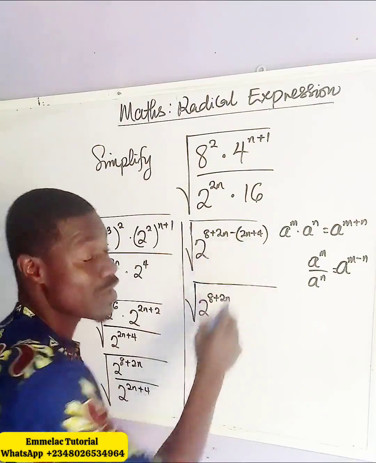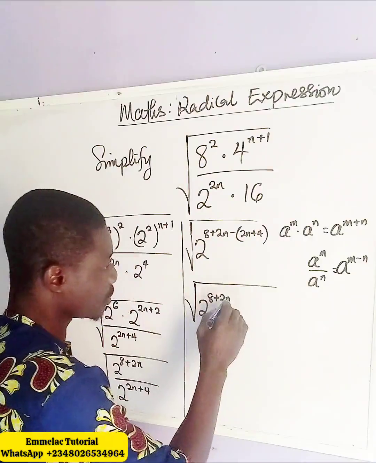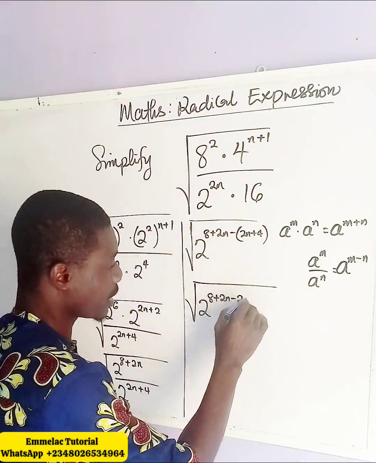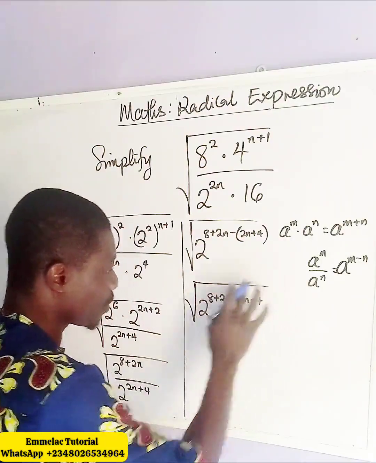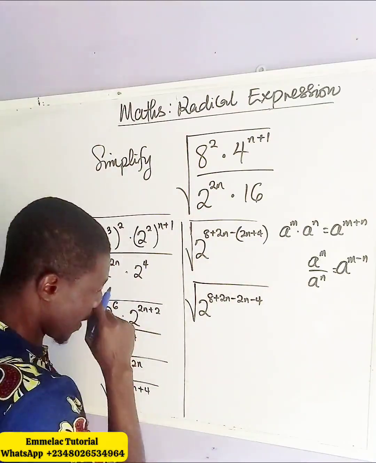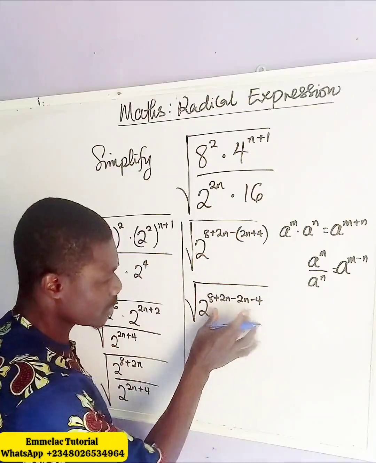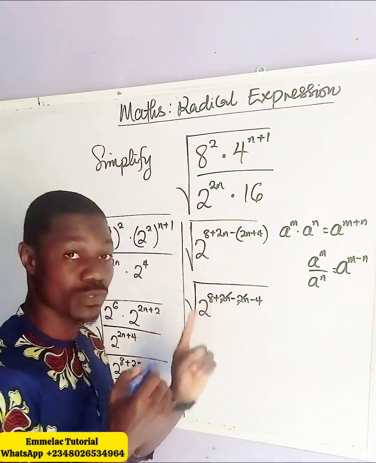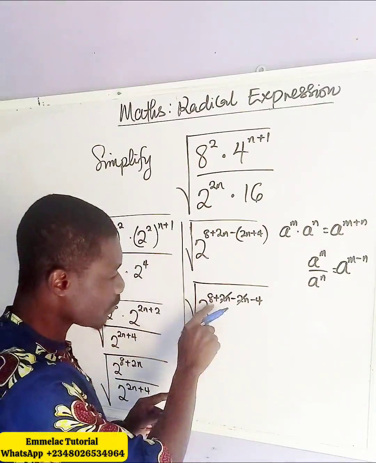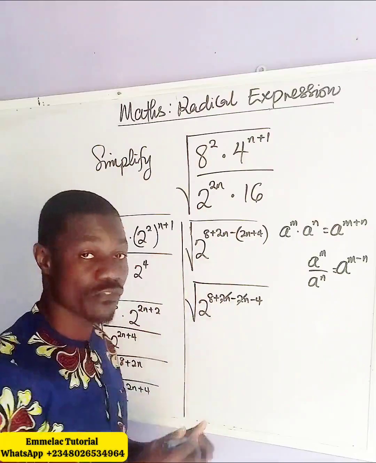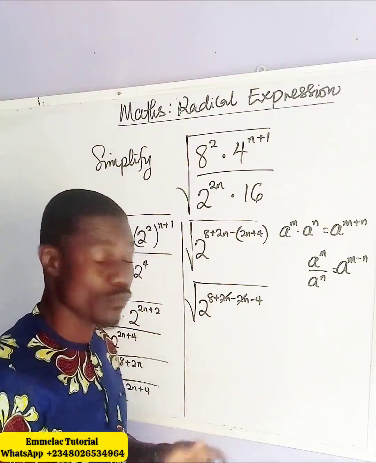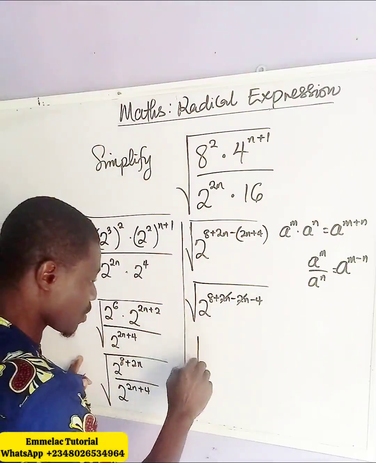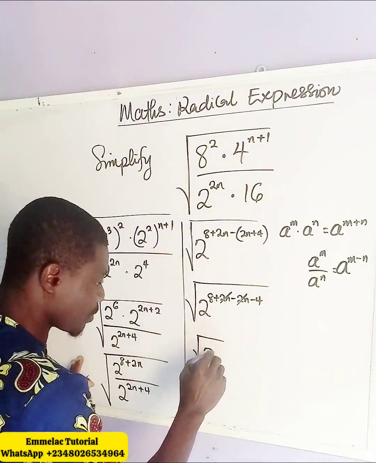Take note that this minus will affect what is in the bracket, so we have minus 2n minus 4. Plus 2n minus 2n gives us 0, so we are left with 8 minus 4, which gives us 4. So here we have the square root of 2 raised to the power of 4.